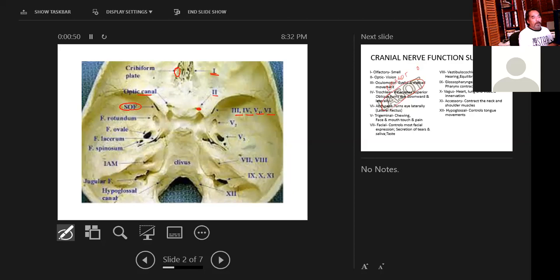Cranial nerves 7 and 8 pass through the internal acoustic meatus. Then cranial nerves 9, 10, 11, the jugular foramen. And then cranial nerve 12 goes through a canal located by the foramen magnum. That's called the hypoglossal canal.